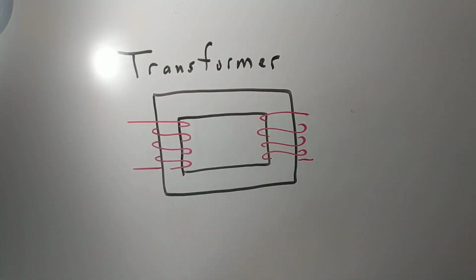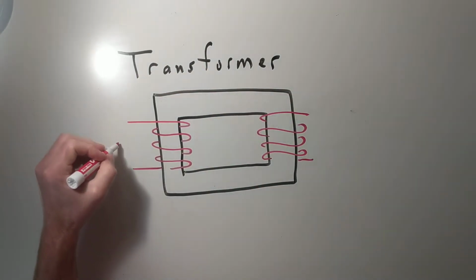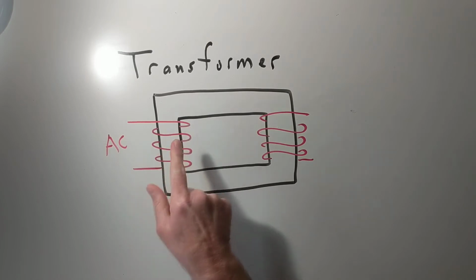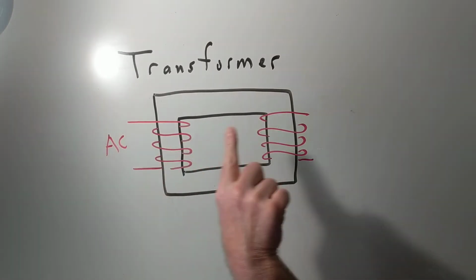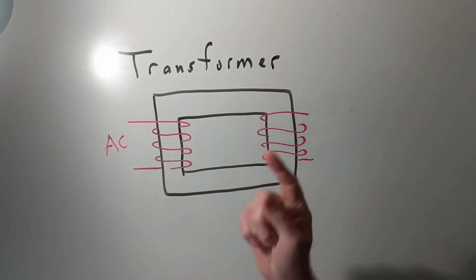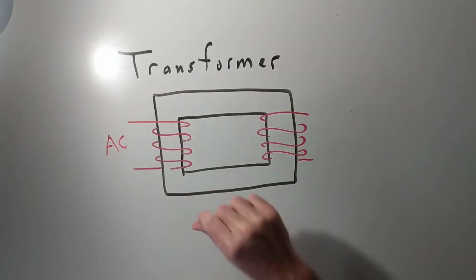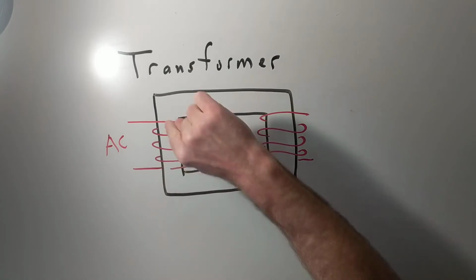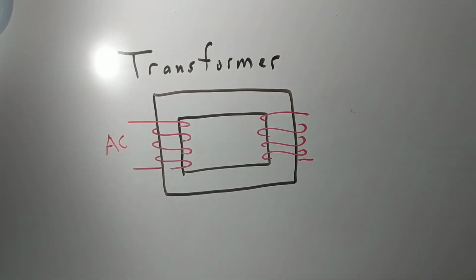Now, it makes sense to use alternating current here because we want a constant change. So what happens is this has a current that flows one way, then flows the other way, then flows one way, then flows the other way, back and forth, keep alternating. And because of that, that means the magnetic field goes up and down through this piece of iron.